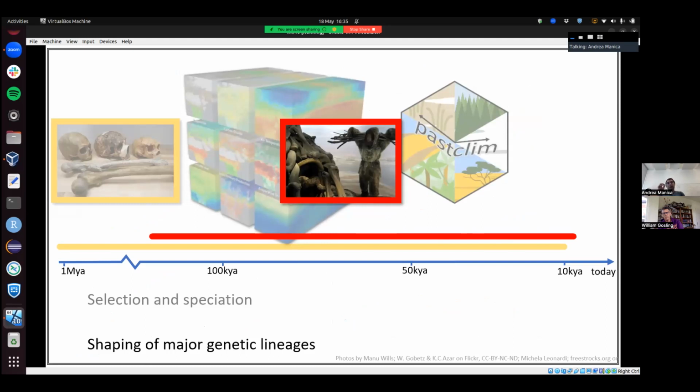The other thing that we've been using these reconstructions for is to see whether we can understand a little bit more the drivers of some of the genetic patterns that we see in humans. So if we look at the genetics of humans, what we have is that there are some big, rather distinct to some extent, lineages back in time.